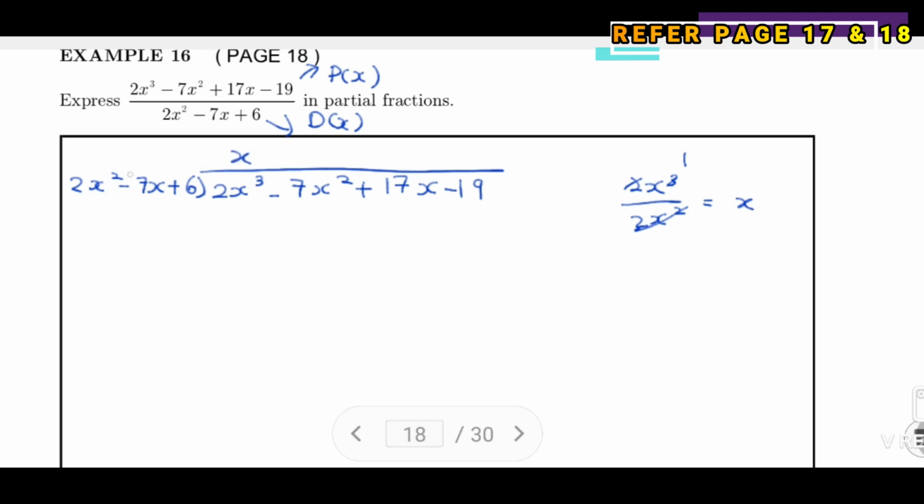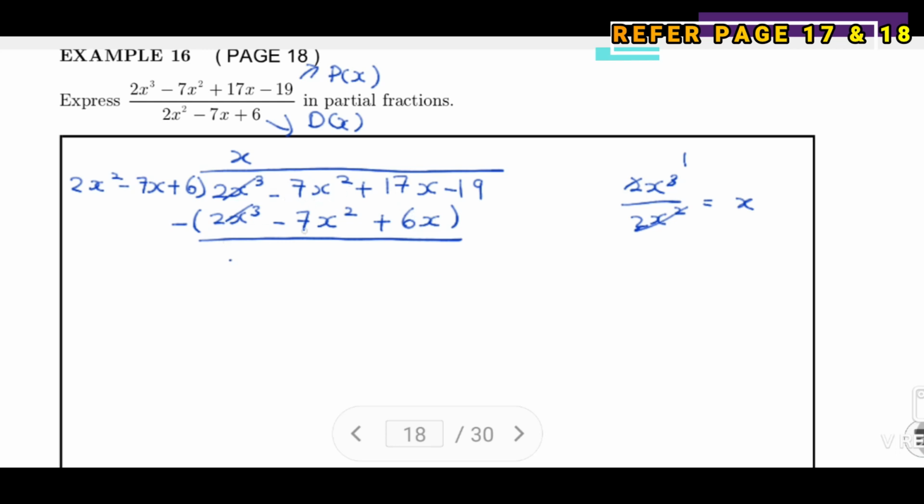x times 2x squared, we get 2x cubed. x times negative 7x, we get negative 7x squared. x times 6, we get plus 6x. After multiplying, we subtract. So 2x cubed minus 2x cubed, 0.